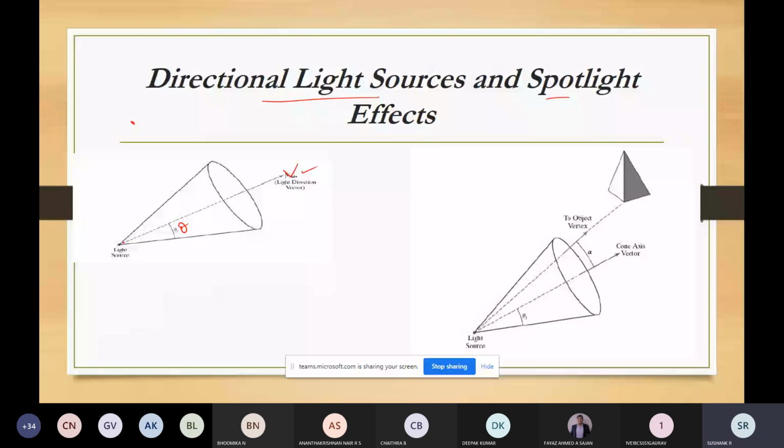What it will do is define a conical region of space. You can see it is defining a region in the form of a cone, with the light vector along the axis of the cone. So this is the image; whatever description I told now is the description of that image.